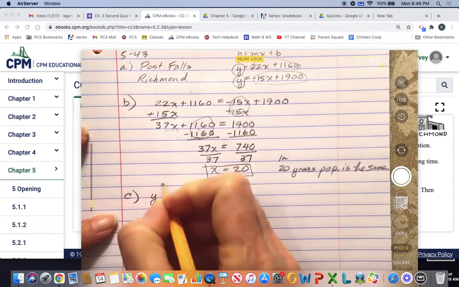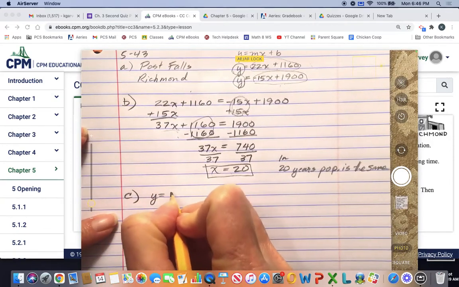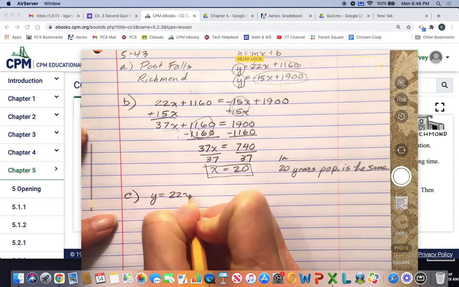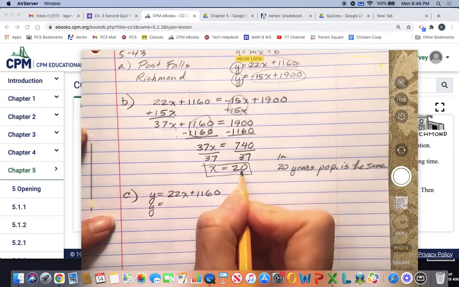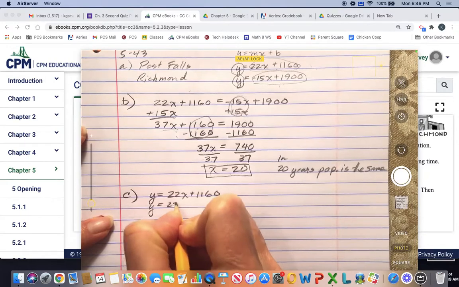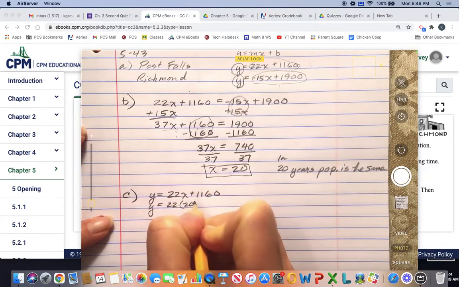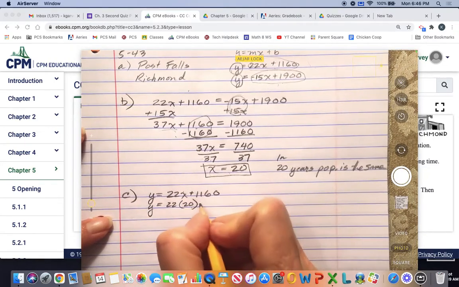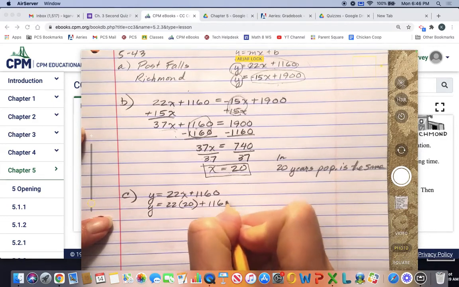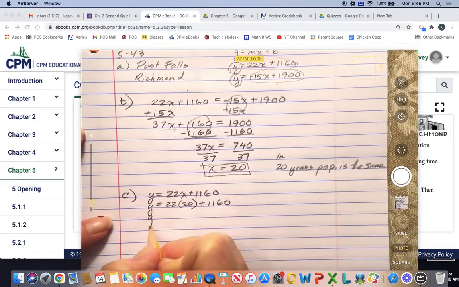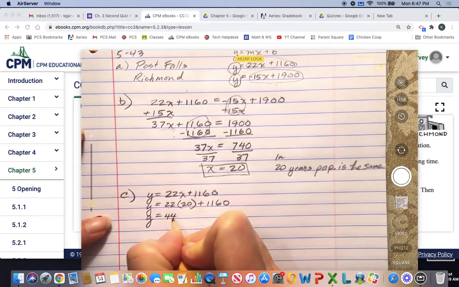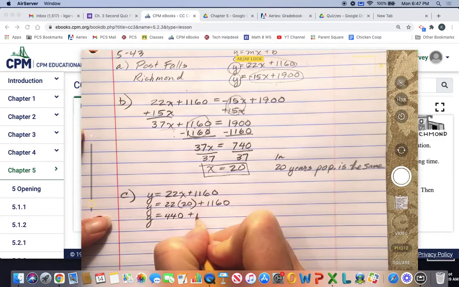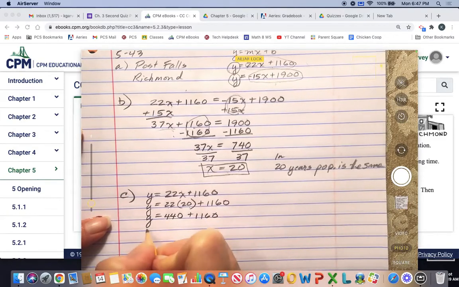So I'll just write down the first equation right now, 22x plus 1,160. Okay, and then I'll replace the value of x with 20. So x is 20. And now we'll multiply 22 times 20, and we will get 440 plus 1,160.